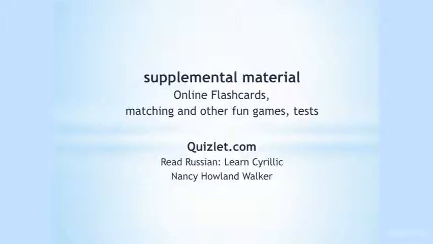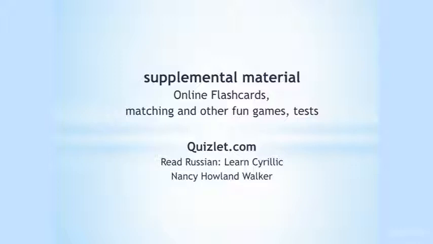In addition, I will have supplemental materials. They're at Quizlet.com under Read Russian, Learn Cyrillic, and under my name, Nancy Howland Walker. You'll need a password in order to get in there, but of course you're taking this course, so that's completely free. I will put all the information in an announcement and as a supplemental article.